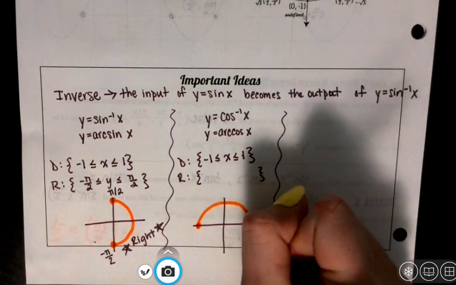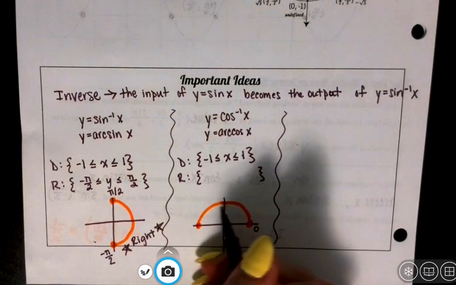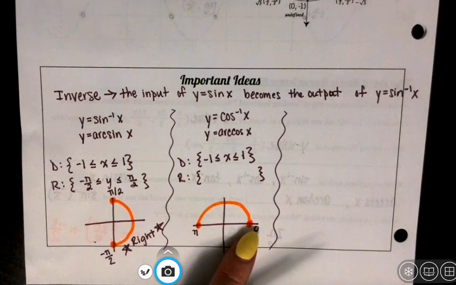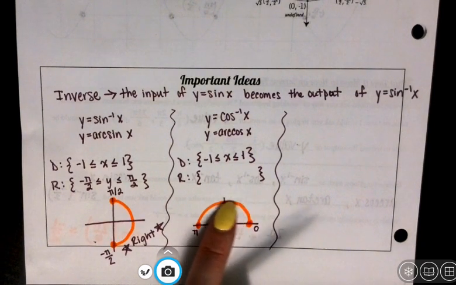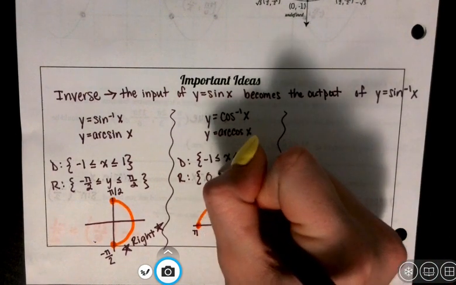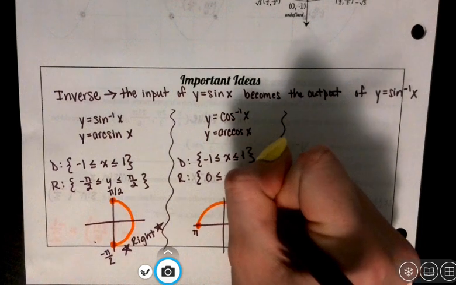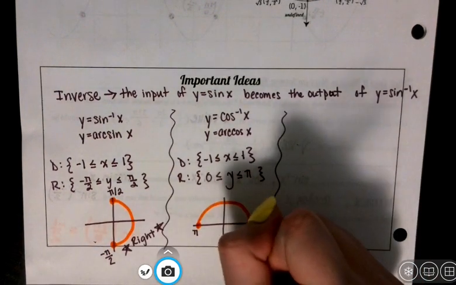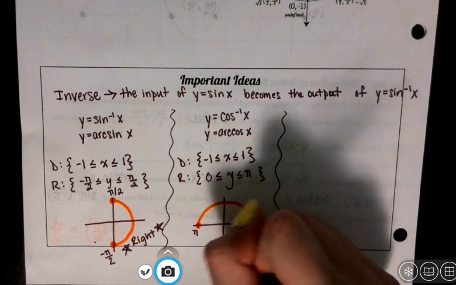So we're going to go from 0, and then if we go halfway around, this angle ends up being pi. And that's nice because I can continue it in order, and it's just 0 to pi. So my range ends up being 0 to pi with those values included. So for arc cosine, we're looking at the top.